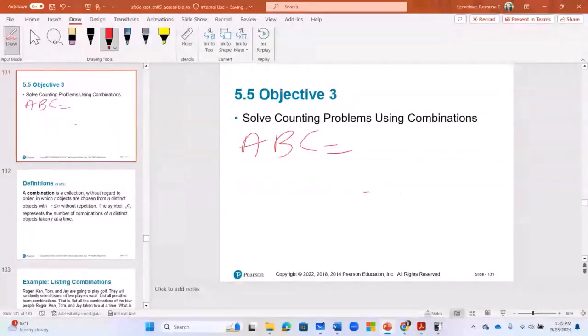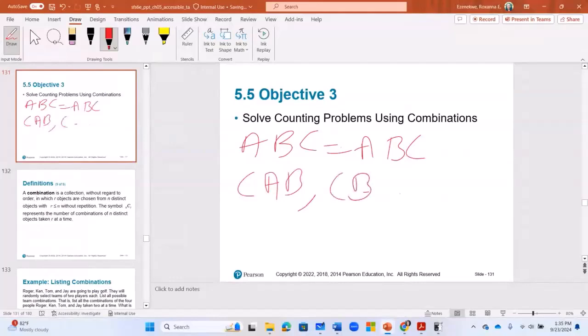If order is not important, then ABC is equal to ABC. Because even if I say ABC, CAB, CBA, they are still going to be ABC.